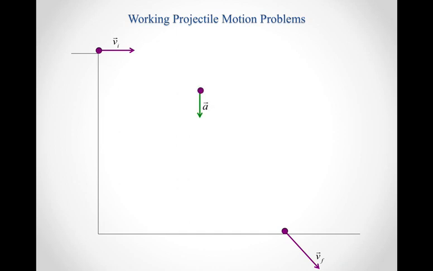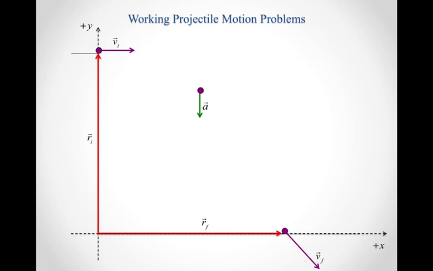I know that the acceleration vector over its entire motion is going to point straight down. And then I can also pick a coordinate system. In this case, I'll put the origin at the base of the building where I'm releasing my projectile from. And then that lets me draw in initial and final position vectors.